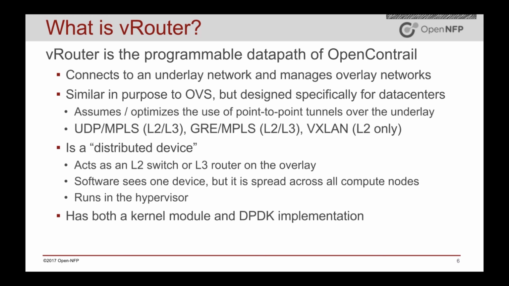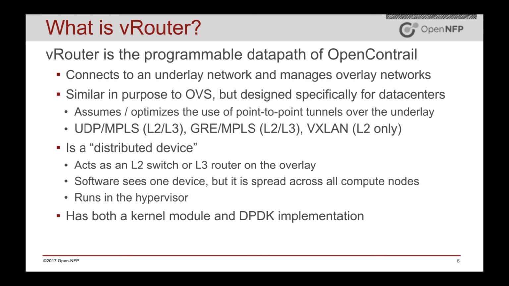It is distributed, so it doesn't live in any central location. It's spread across and lives on all the compute nodes in the system, running in the hypervisor. It acts as an L2 switch in some cases, depending on how you want to set up your overlays, or it acts as an L3 router to connect your nodes, right?